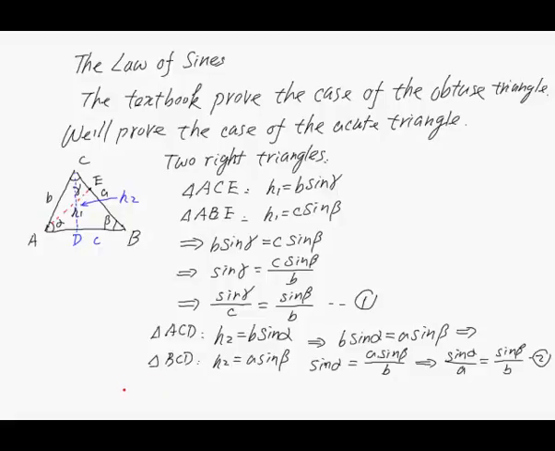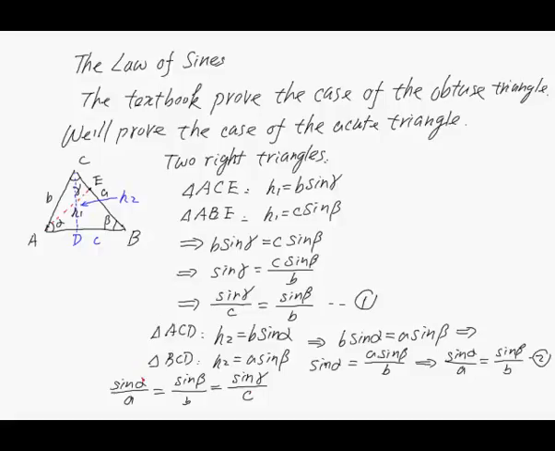So the law of sines is like this. You have sine alpha over A equal to sine beta over B, and this is equal to sine gamma over C. So in a triangle, the ratio of the sine of an angle to the length of the side opposite to this angle are the same.